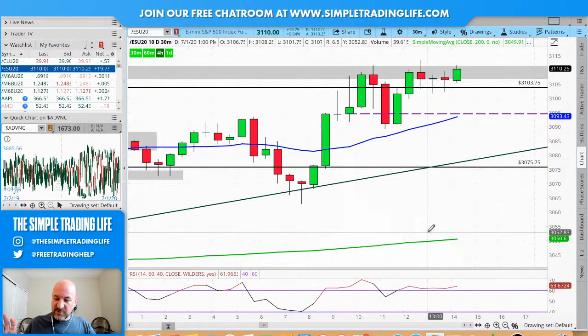No PDT rule. Of course, it's going to be at a smaller rate of return. It's going to be 1/10 of what it would normally be in terms of what you're going to make. So you make $1.25 per pip instead of $12.50 per pip, or $1 per pip instead of $10 per pip.